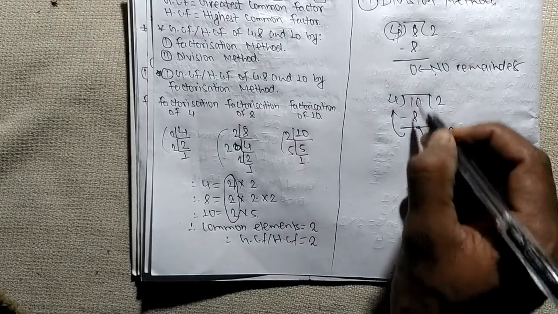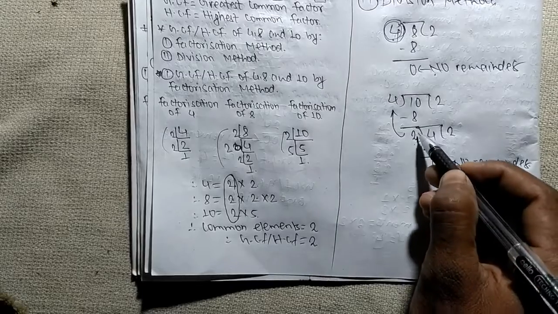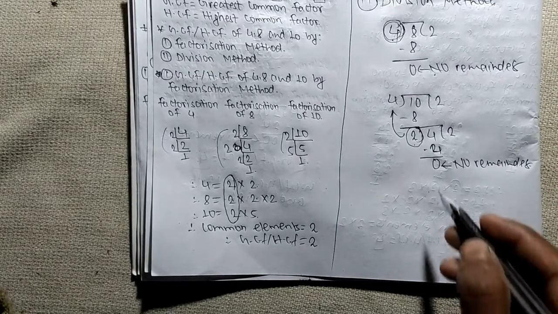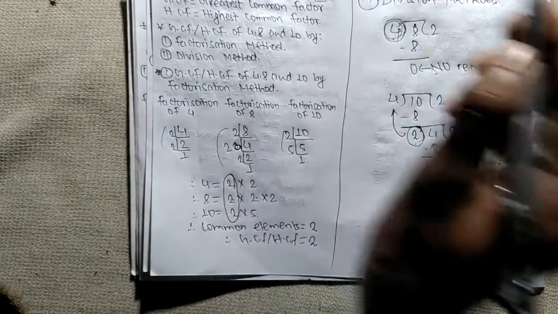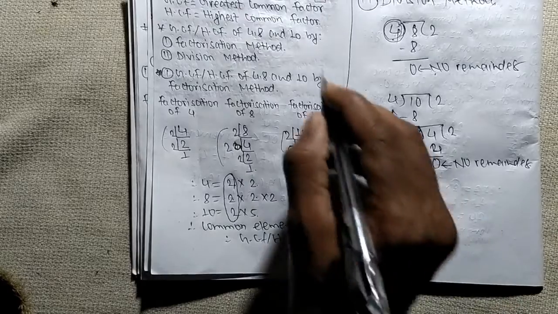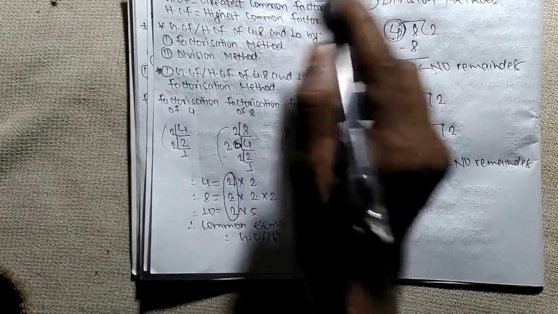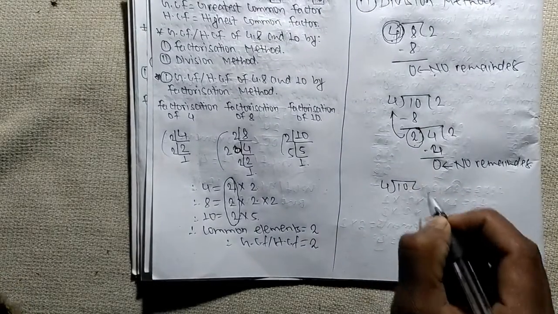So in this case the divisor 4 takes no remainder, and in this case the divisor 2 takes no remainder. When this happens, let's check it for the third number, 4 and 10. Here 10 is the greater number and 4 is the lesser number.